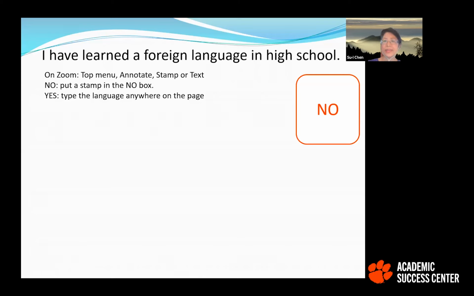In annotate, find the text option to type. If you have taken a language in high school, please type the language name anywhere on the page. If you have never taken any foreign language in high school or before, choose the stamp and put it on the page. Is that clear to you?